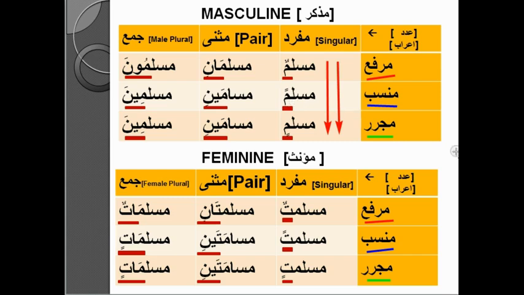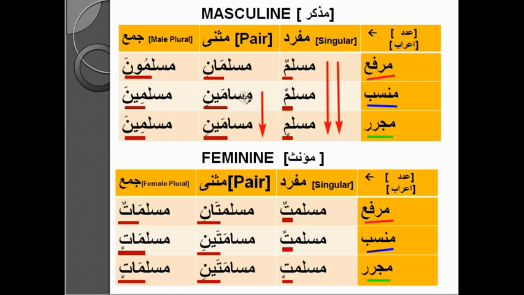Singular majrur Muslimin. What is the pair? Pair marfu Muslimani. Pair mansub Muslimaini. Pair majrur also Muslimaini. You did notice that these two are the same. The mansub and majrur pair is the same. Singular, three of them are different, but in the pair the bottom two are the same.